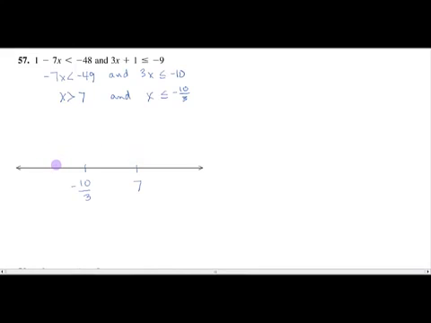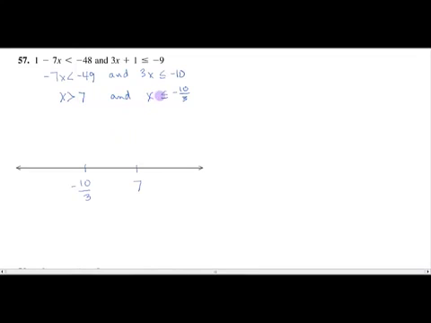Over here, let's say I test a negative 5. Negative 5 is greater than 7 is not true. And since I have an AND, I know I won't be able to shade that interval. Let's test a 0. 0 is greater than 7. That's not true. So I can't shade that interval. Let's try an 8. 8 is greater than 7 is true.